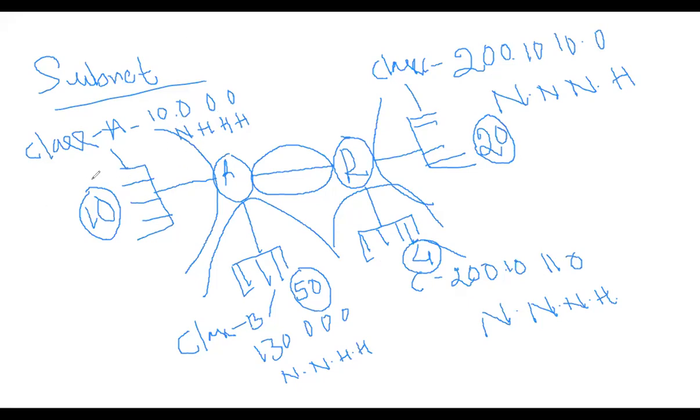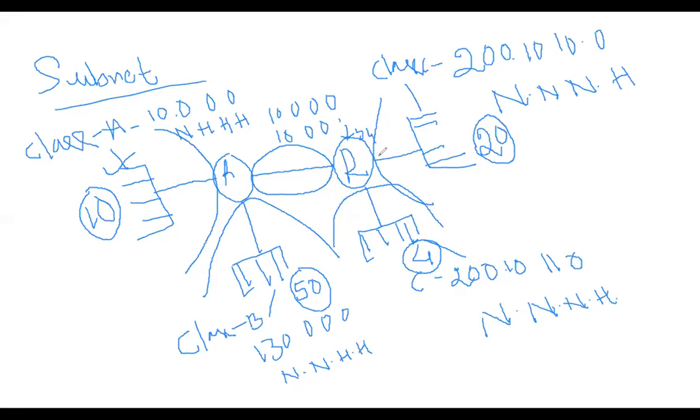Okay. How are you going to provide for the 10 computers with this class A IP address? This is nothing but 10.0.0.0, the IP address number 1 for computer number 1. Next 10.0.0.1, similarly 2, 3, 4.